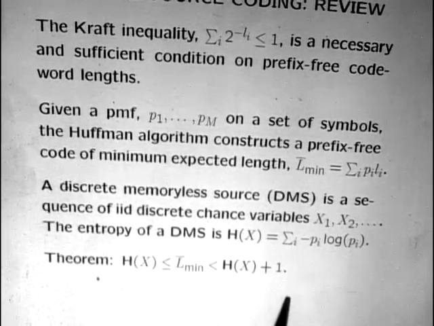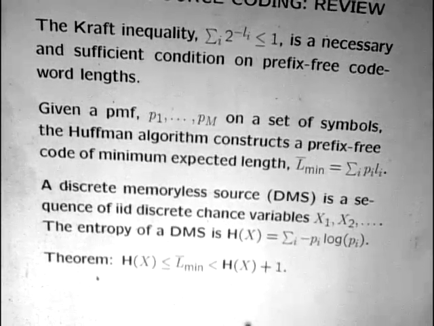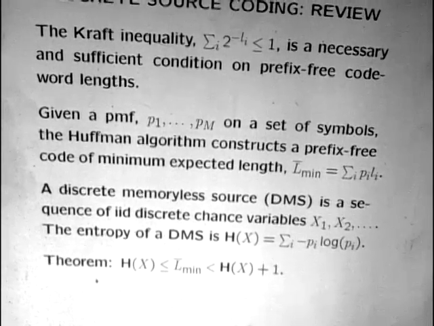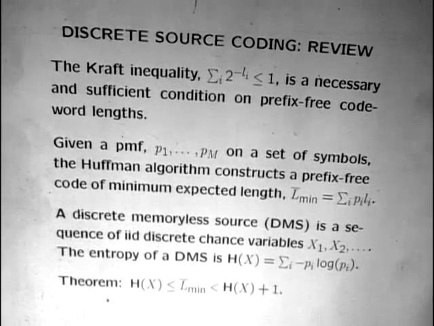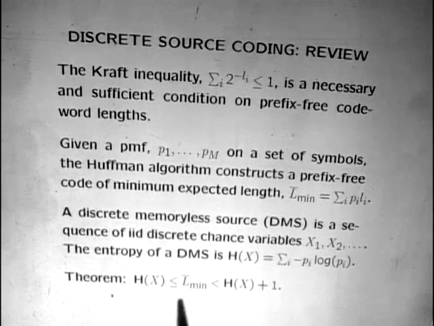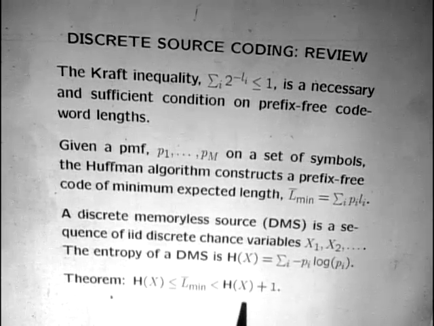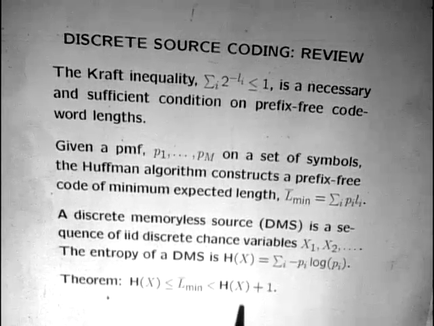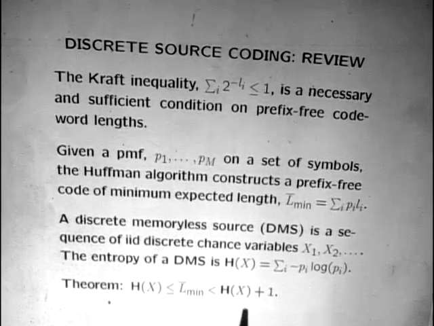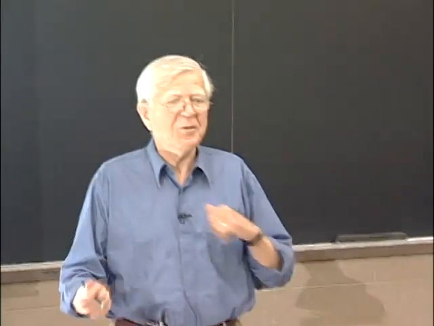Can anybody suggest the almost unique example where this is almost tight? That's the simplest example you can think of. It's a binary source. And what binary source has the property that this is almost equal to this? Anybody out there? Make it almost probability 0 and probability 1.